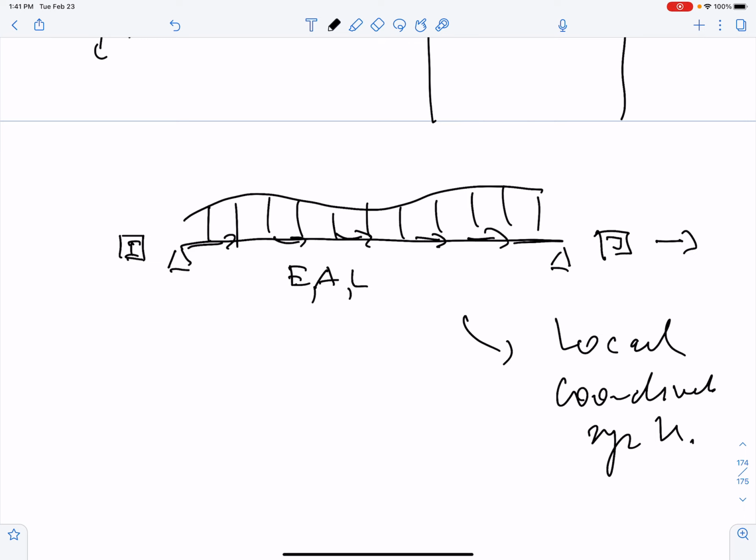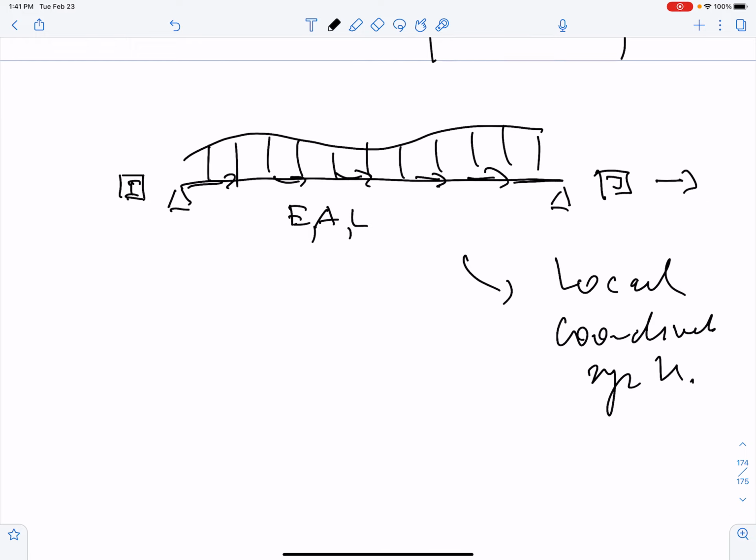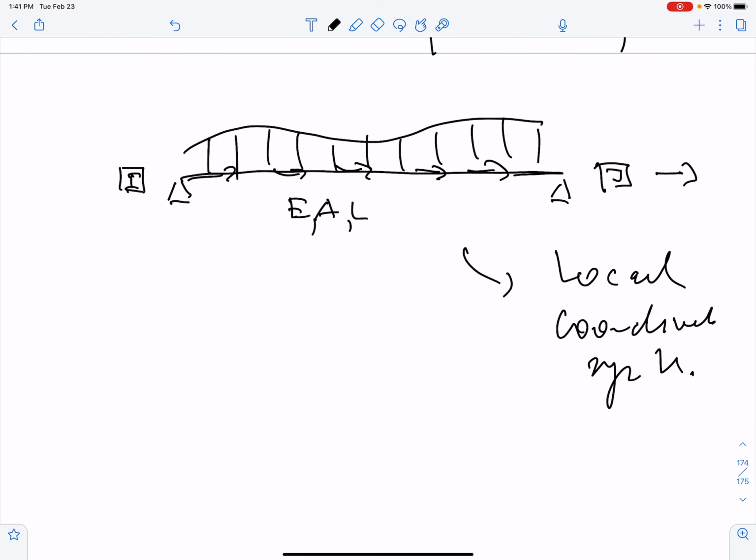Okay. And so now, consider a situation like this, right? Both ends are pinned, okay? So there's not going to be any motion of the nodes. All right. However, the application of this force will result in end node forces.